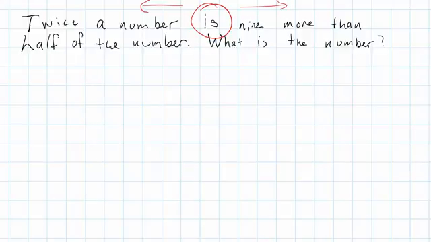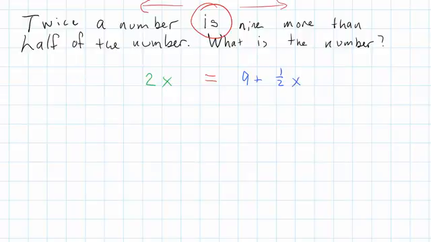Twice a number, that just means 2 times our number, is 9 more than half the number. Half the number is half x.